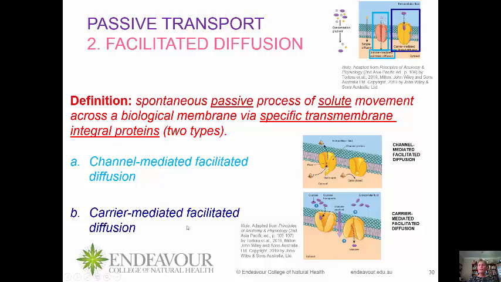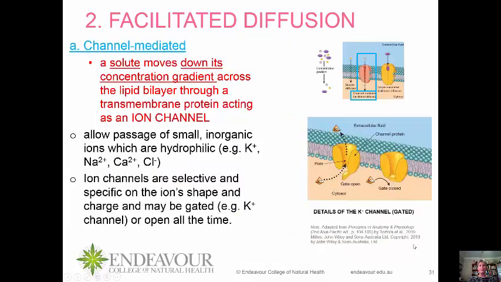And then you've got carrier-mediated facilitated diffusion, where a protein acts as a carrier or transporter. If you remember, with a carrier, the solute goes in, the protein then changes shape, and then it can release it on the other side. So now let's go through each one individually.